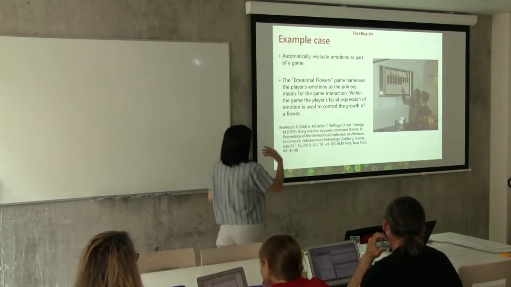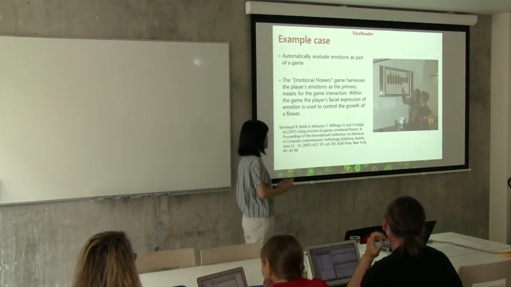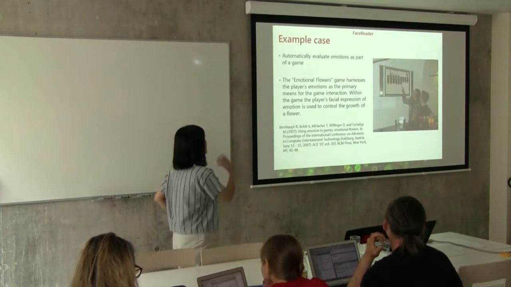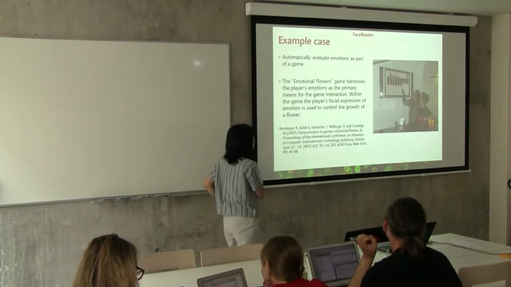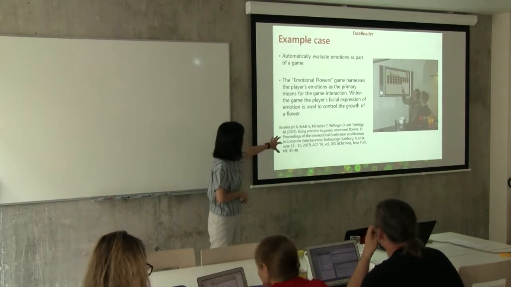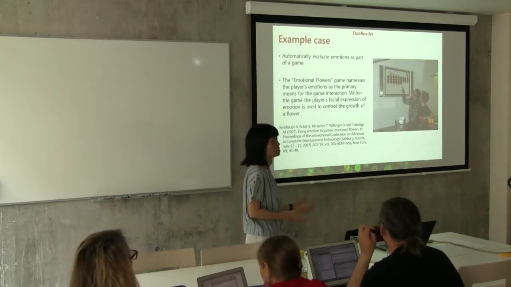The more flowers show on this screen, the more successful your game is in eliciting positive or specific experience in the user. It depends how you set the screen. This is a paper from 2007 talking about these emotional flowers, but I don't know how accurate it is, but it is fun to look at.